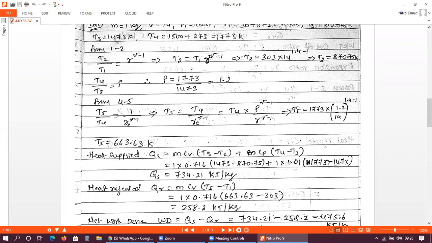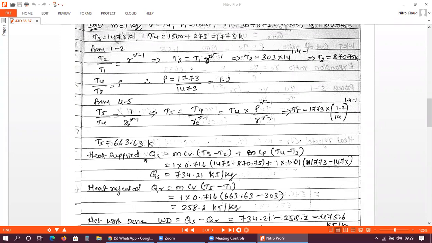So we have calculated T2, and along with that, we have calculated T5. Now we will substitute these values in heat supplied. As you know, during a dual combustion process, heat is added at two processes: at a constant volume process as well as at a constant pressure process, right?